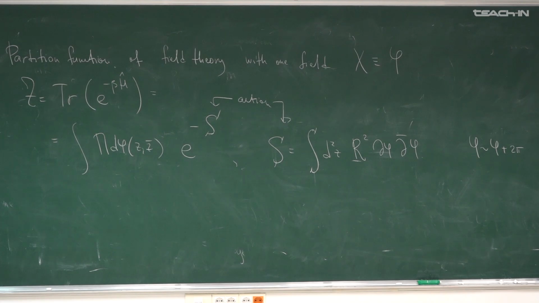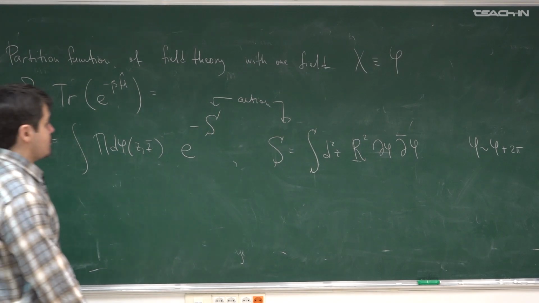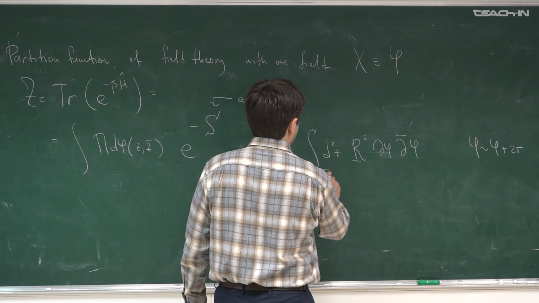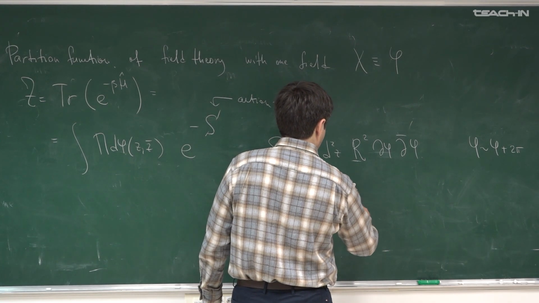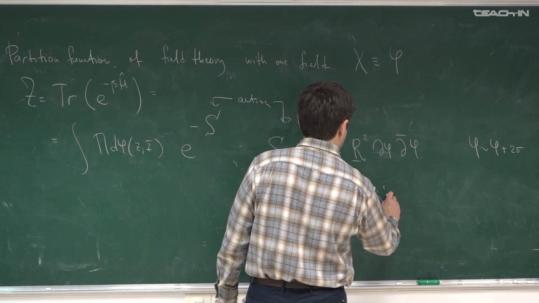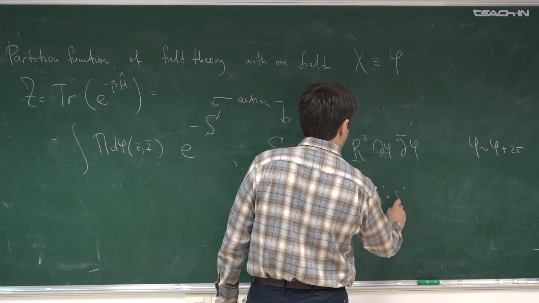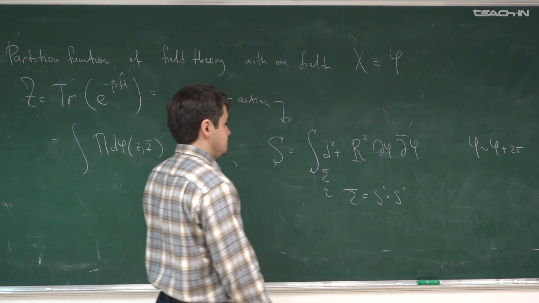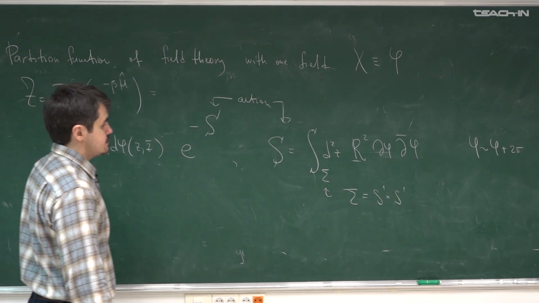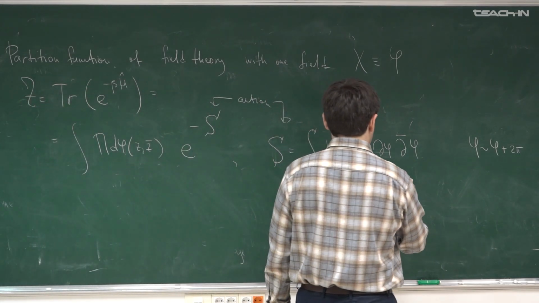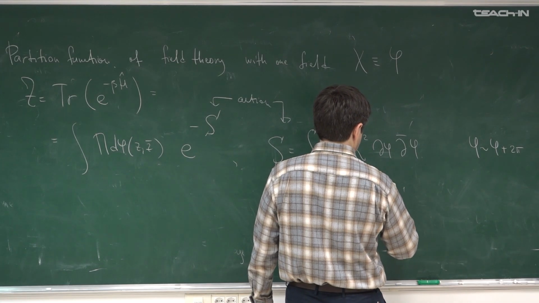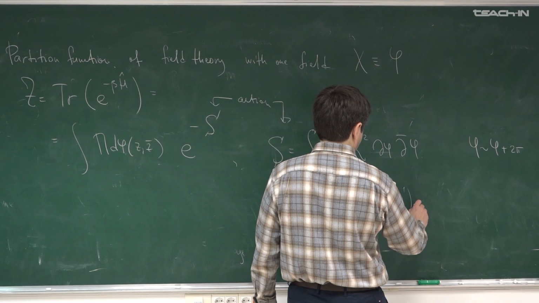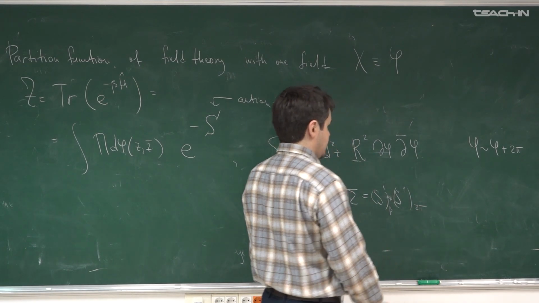If we're computing the partition function, you could think of our Riemann surface as the torus, S1 cross S1. One S1 is of radius beta, and the other S1 of radius 2 pi, which is our spatial S1.